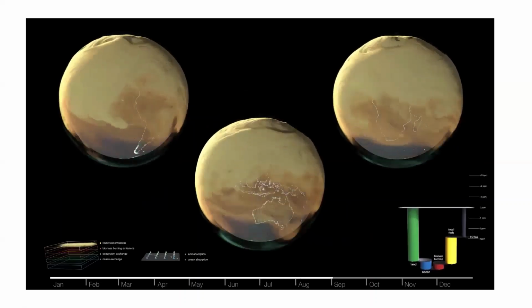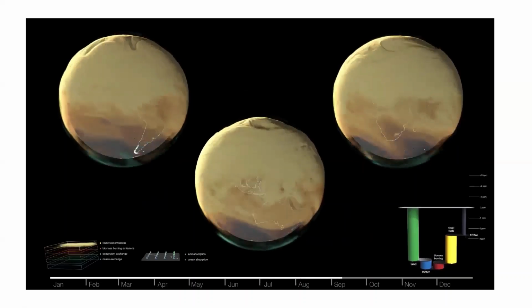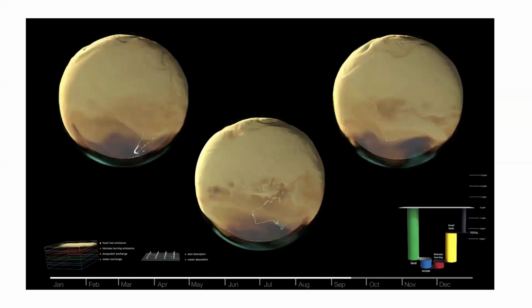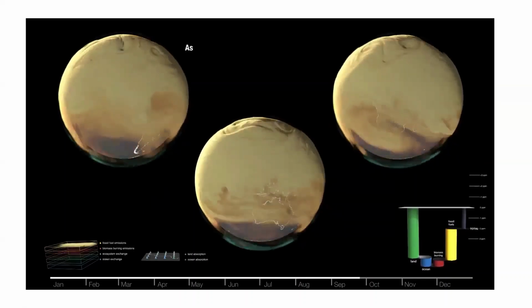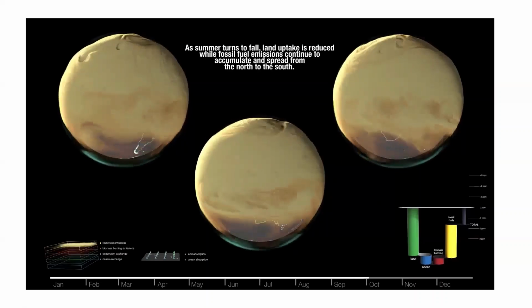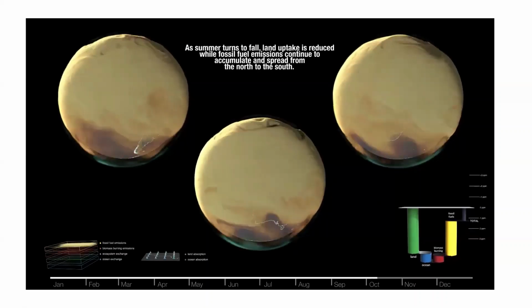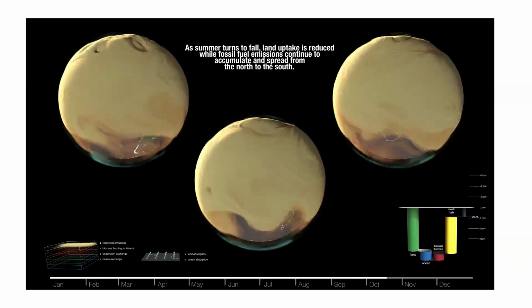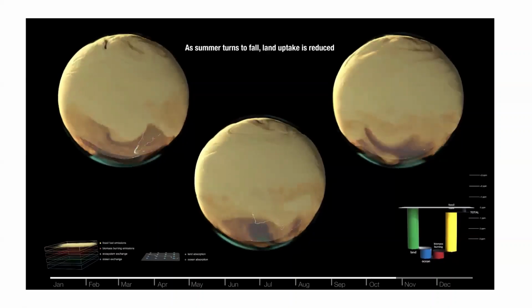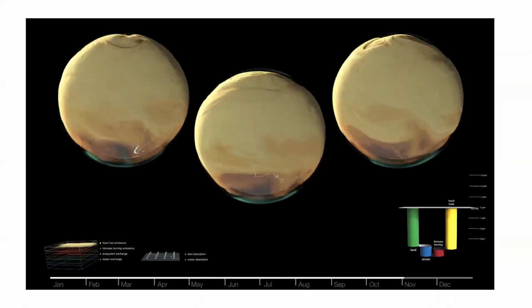But as we get into the fall and the winter, there's less carbon being absorbed because no crops, no trees in the northern hemisphere. And people start up their furnaces. So we're burning more fossil fuel.